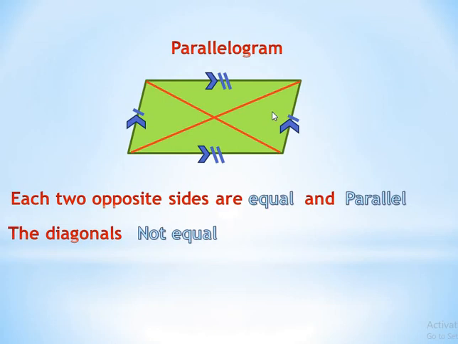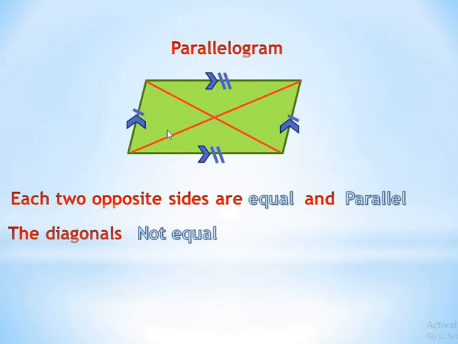The diagonals are not equal, but the intersecting point divides each diagonal into 2 equal parts. This part will be equal to this part, and this part will be equal to this part.